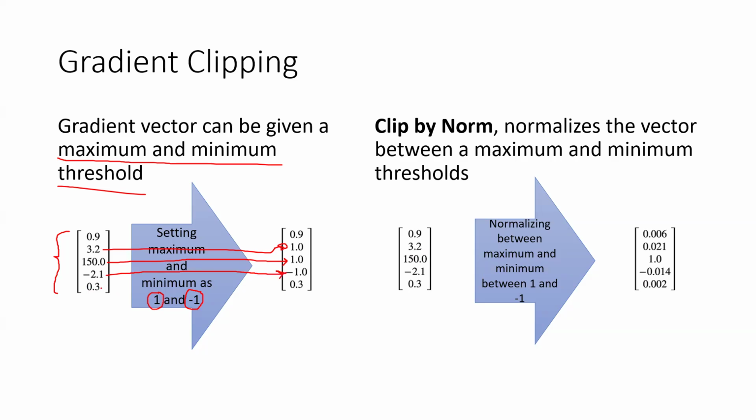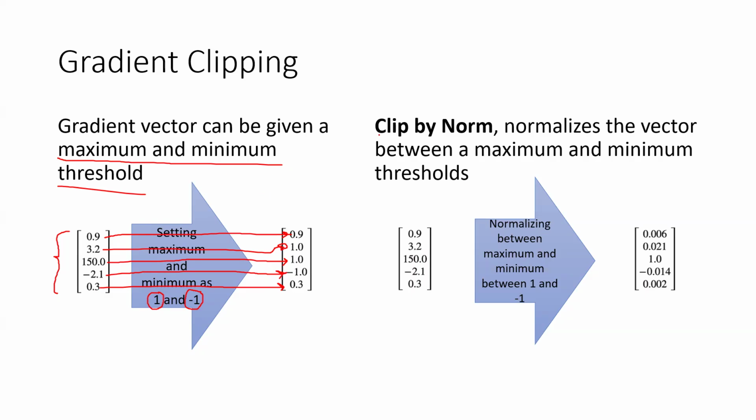All the other values would be mapped to the same value, so positive 0.3 and positive 0.9 would be kept as they are. So that is one way of mapping the gradients using gradient clipping with maximum and minimum thresholds.